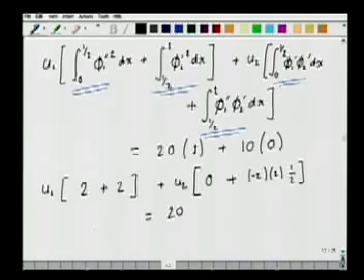So this equation will become, let me now highlight this equation, 4u1 minus 2u2 is equal to 20.